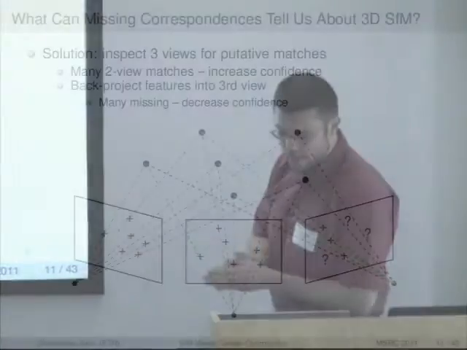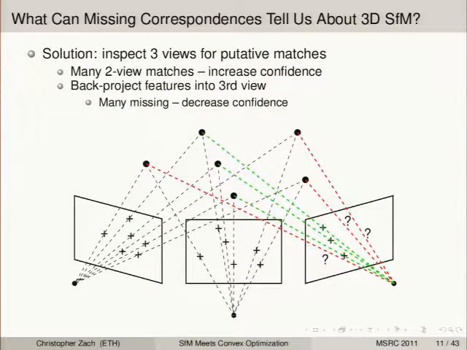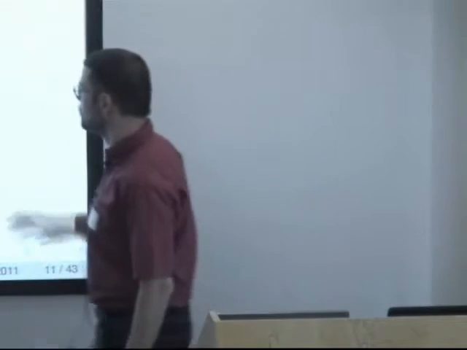When you look at the third image and from pairwise correspondences you hypothesize a visual relation between the third image and the two other ones, then you can check.